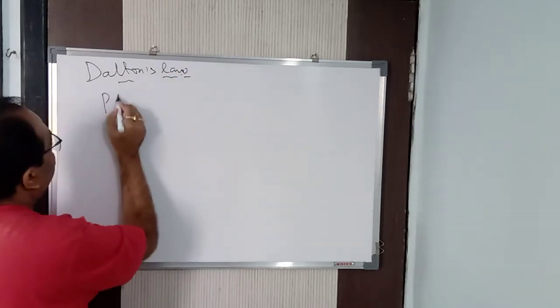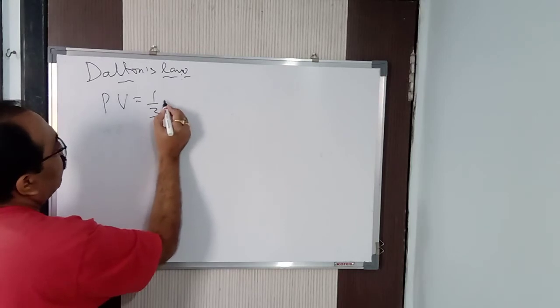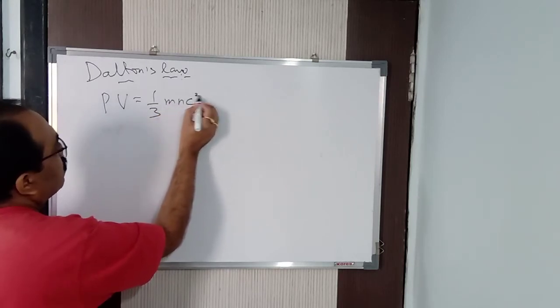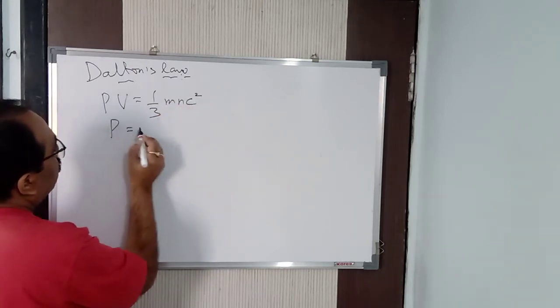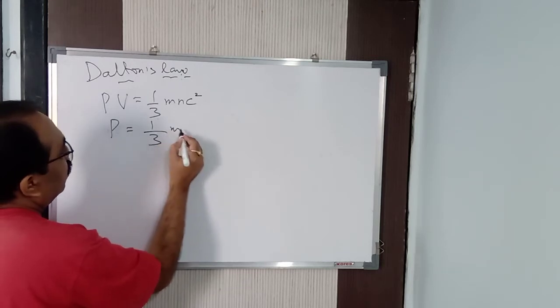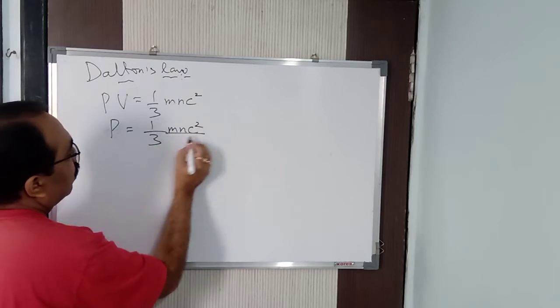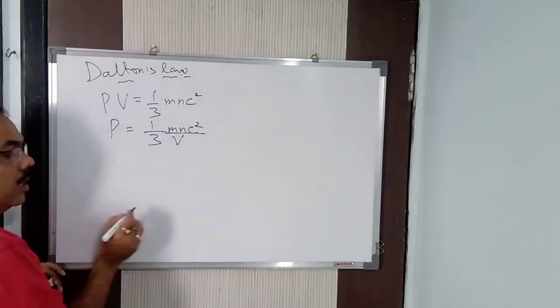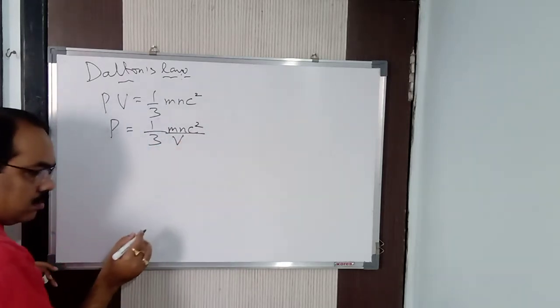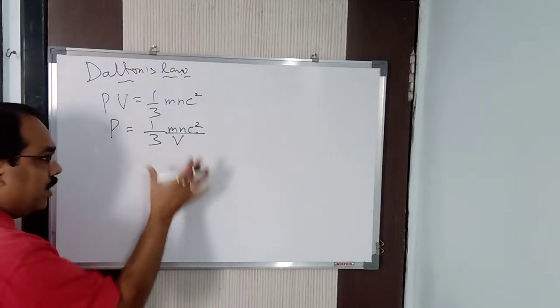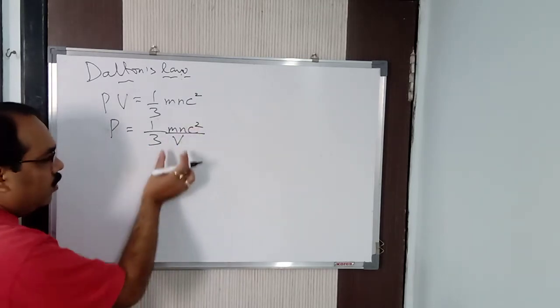From the kinetic gas equation we already know PV is equal to 1 by 3 mn c square, so P is equal to 1 by 3 mn c square by V. Now for different gases, in a particular container, a number of gases are present, so volume remains constant.